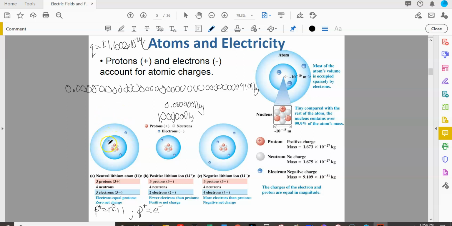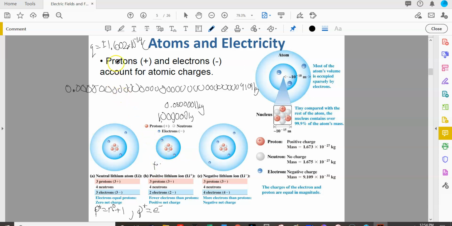Well, you have 3 protons, 3 electrons, so you have 3 positives and 3 negatives. That adds up to 0 charge, right? Now you've lost a negative, okay? And that means this lithium atom is now positive by 1 proton.